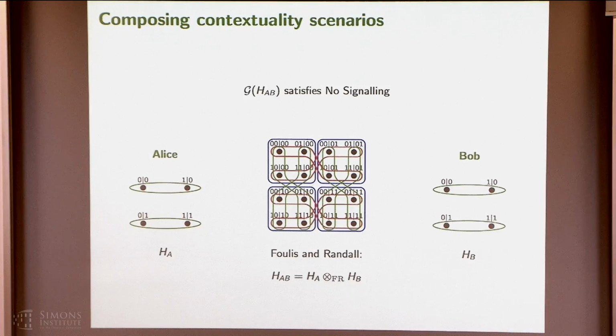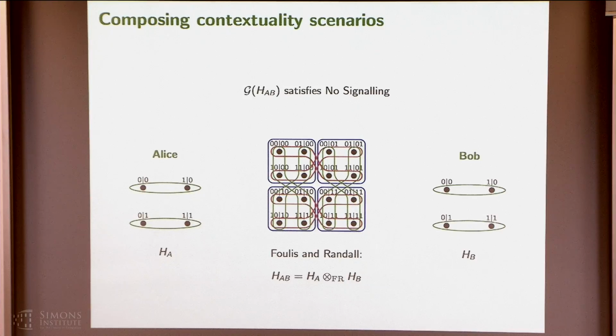So that's a very wonderful thing. And for instance, here this very complicated hypergraph is the fully Randall product of those two very simple ones. Note that it's not just the Cartesian product, which is given by these blue sets, but it has something else in there.